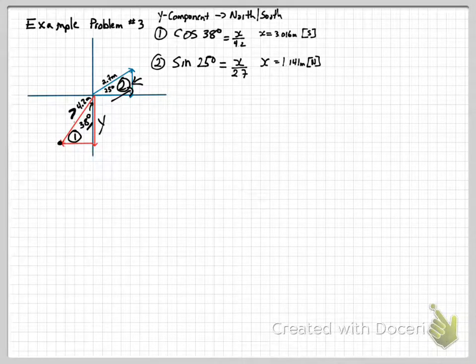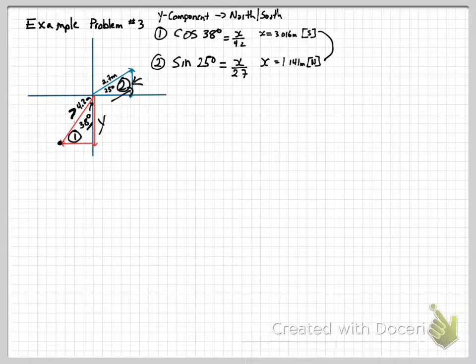Now, if we take a look at those, we now have two different directions. Again, just like we did for kinematic word problems, we have to make sure those directions are the same. So now we're going to have to change the sign of one of them. So I'm going to take this and I'm going to rewrite that.